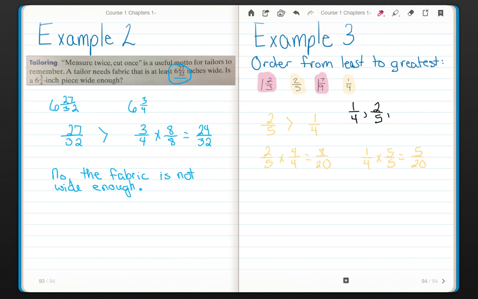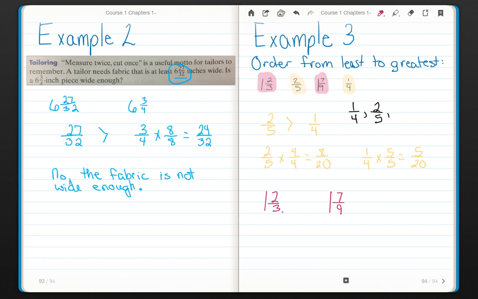So now I'm going to work with 1 2/3 and 1 7/9. Since the whole number 1 is still the same, I'm just going to work with the fractions.